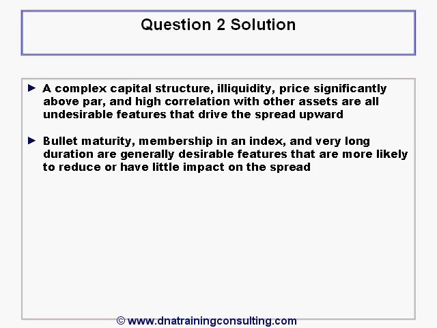Conversely, a bullet maturity, membership in an index, and very long duration are generally, obviously with some exceptions, desirable features that are more likely to reduce or have little impact on the spread. Therefore, the correct answer is C, as in Charlie.